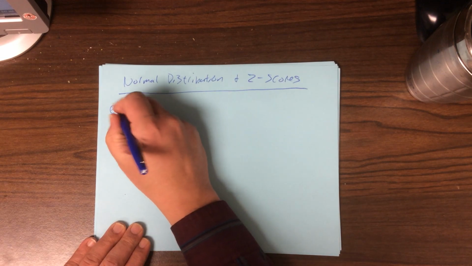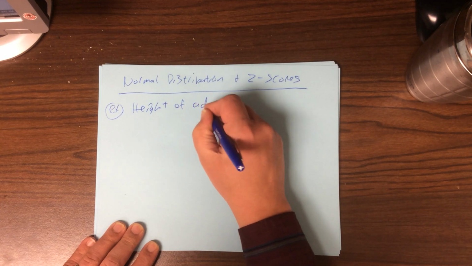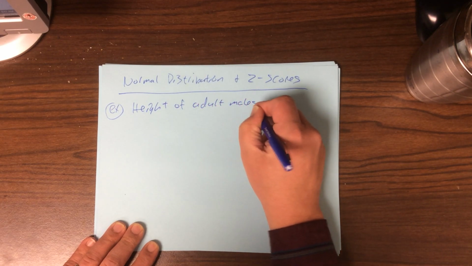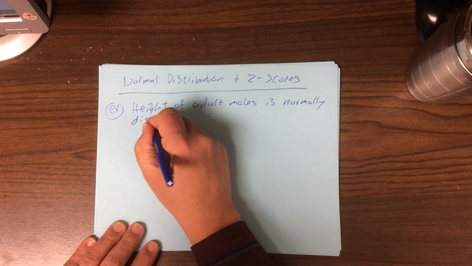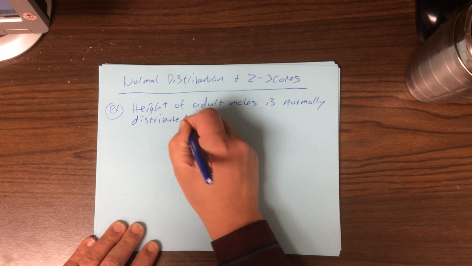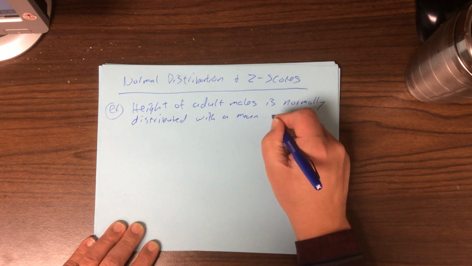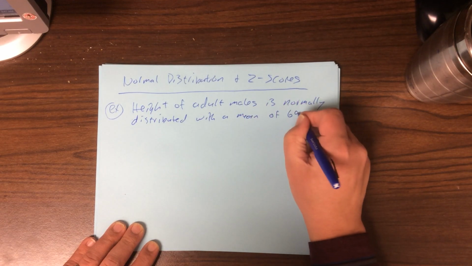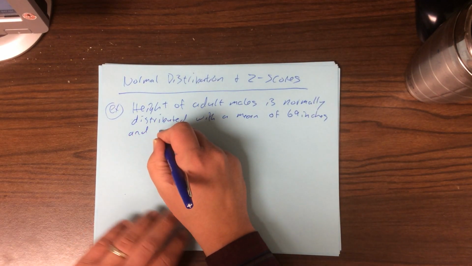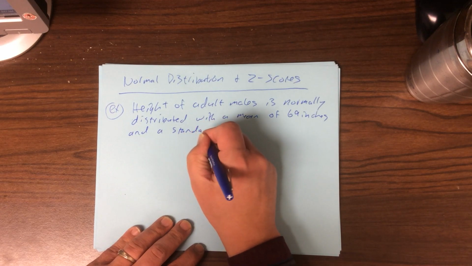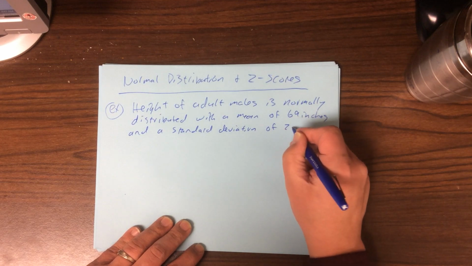Let's say I'm told that the height of adult males is normally distributed with a mean of 69 inches and a standard deviation of 7 inches.